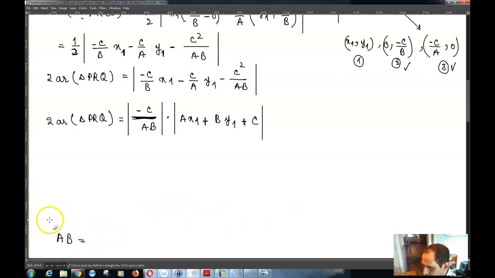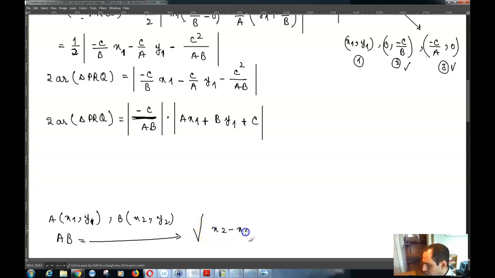If, for example, A is x1 comma y1, and if B has coordinates x2 comma y2, then AB is going to be equal to the square root of x2 minus x1 whole squared plus y2 minus y1 whole squared.